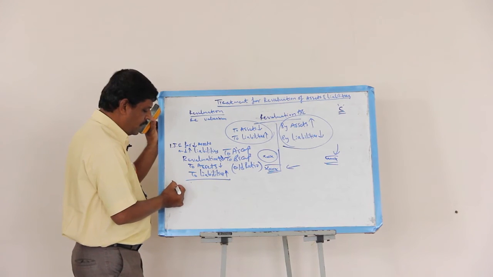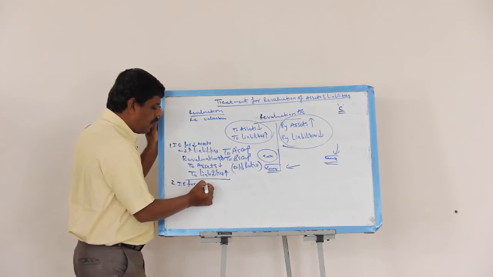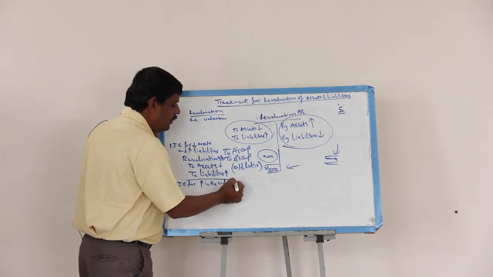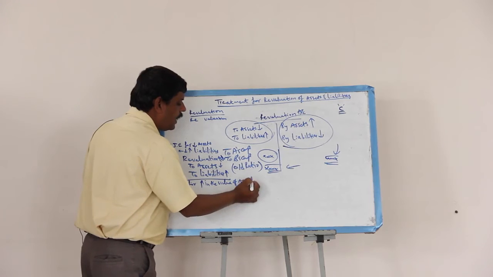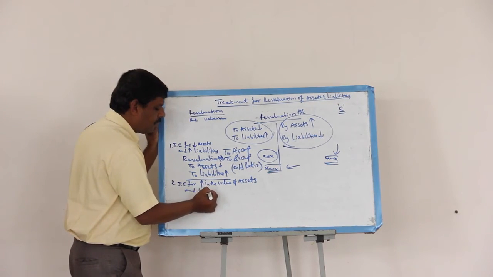The second one is the journal entry for increase in the value of assets and decrease in the value of liabilities.